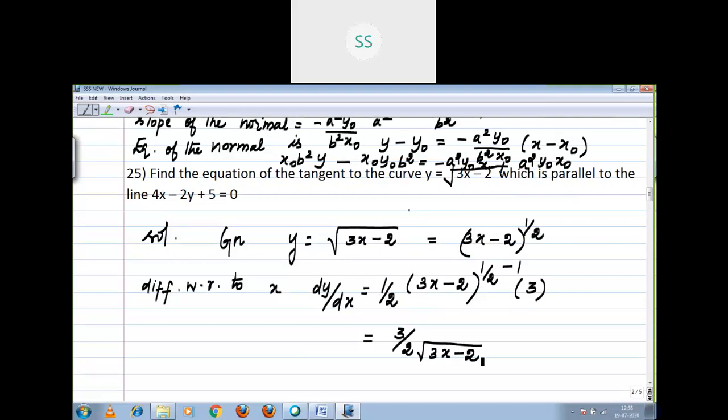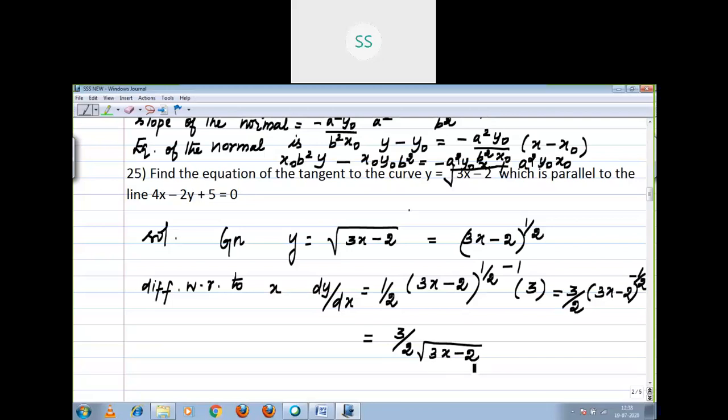How can I get 3x minus 2 in the denominator? Because the power is negative. 1 by 2 minus 1 means it represents minus 1 by 2. If you want, you write it here itself, right? 3 by 2 into (3x minus 2) the whole power minus 1 by 2.